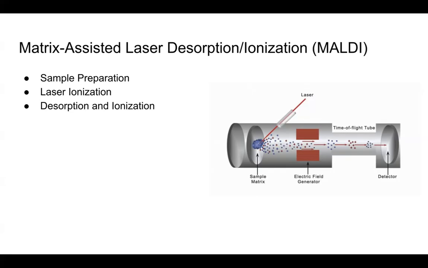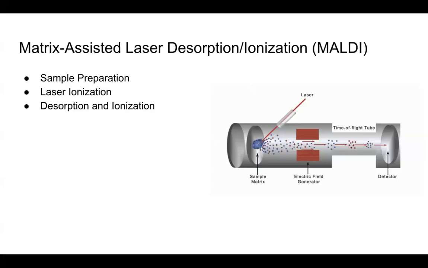Now, when laser ionization is finally being done, a pulsed laser beam, so we often use a UV laser, irradiates the sample matrix mixture, and the matrix absorbs the laser energy, causing it to vaporize and carry the analyte into the gas phase. Now, the next stage would be desorption and ionization.